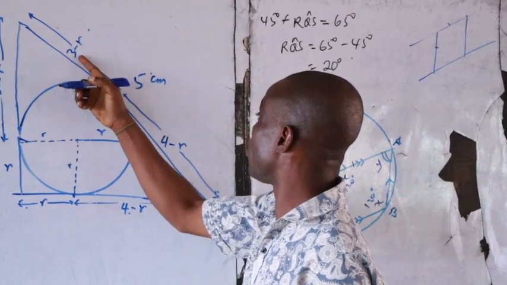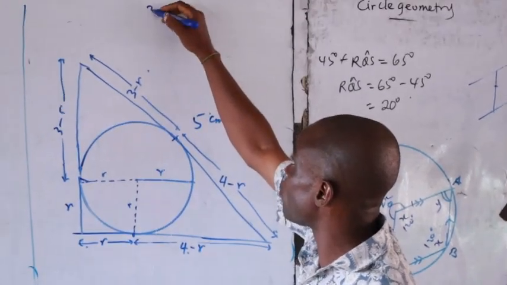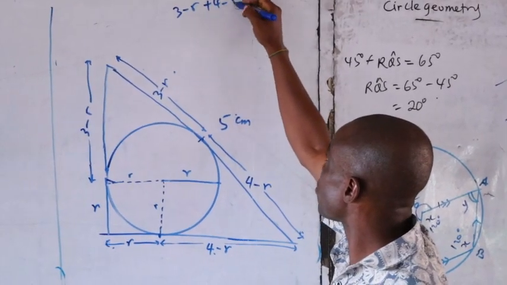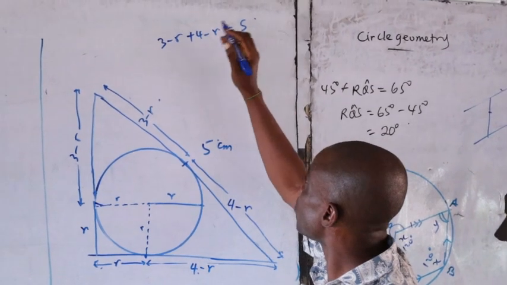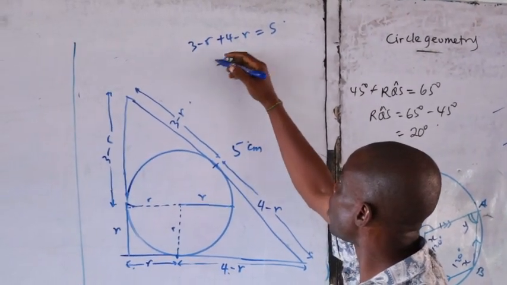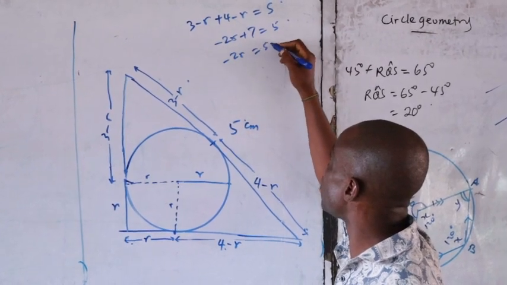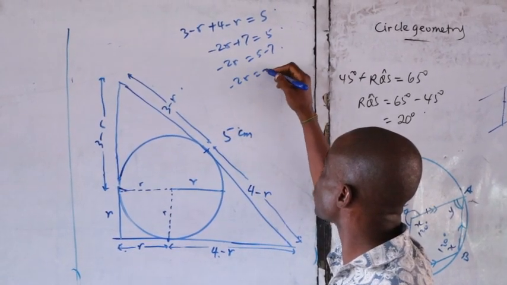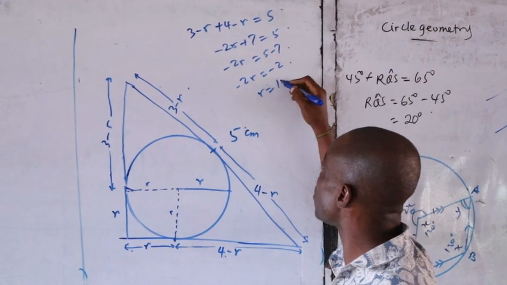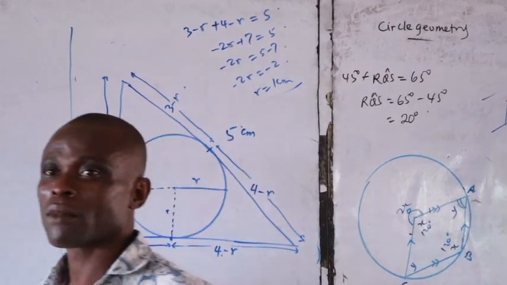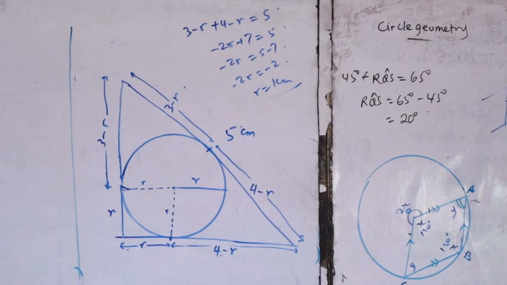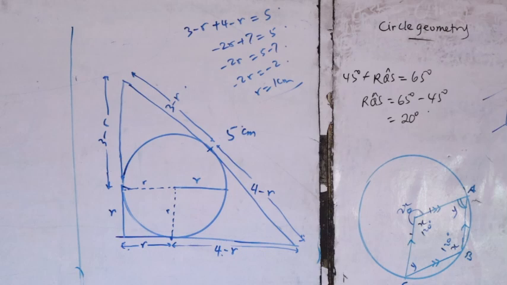So the addition of 3 minus R and 4 minus R equals 5. Minus 2R plus 7 equals 5. Minus 2R equals 5 minus 7. Minus 2R equals minus 2. So R is 1 centimeter.